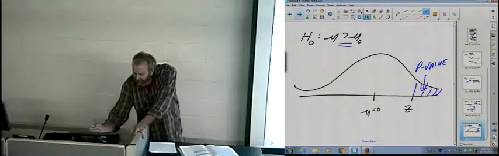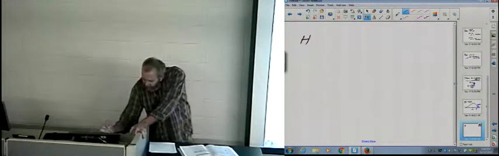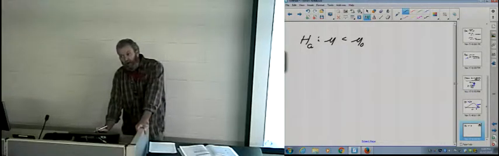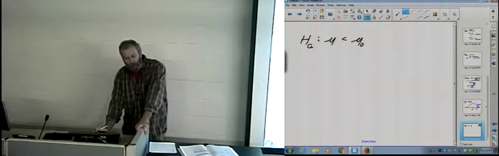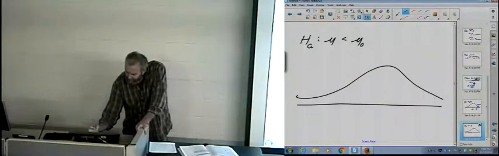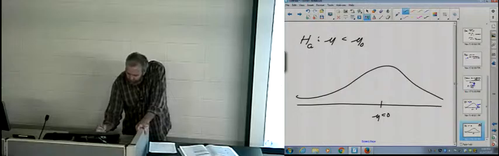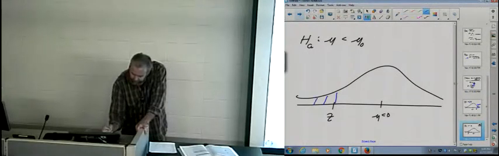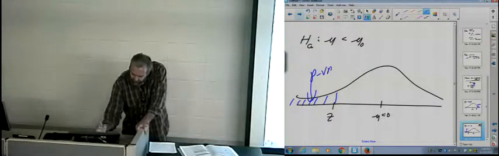Another possibility is the alternative could have also been a one-sided, but you could have been to the left. Hopefully your x bar is to the left, your z-score is negative, and so the picture I should be looking at is, under the standard normal, I should be trying to find that should be your p-value to the left.